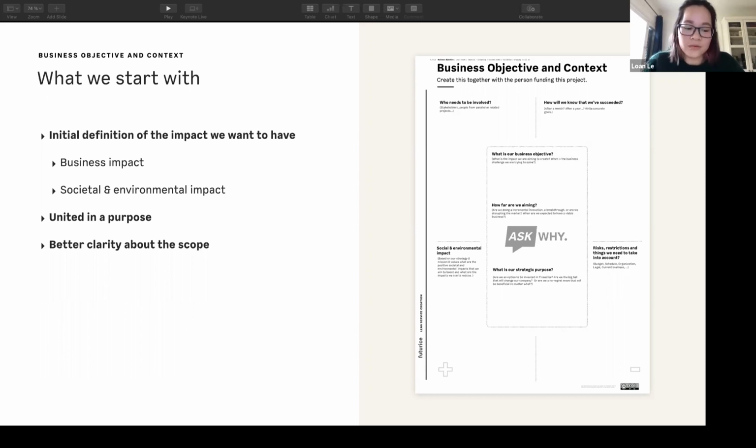This will help you focus on the right goals when making decisions later on. Then define your purpose. Remember, you are not just building an app or a service. You want to achieve something bigger. And then it's also good to clarify the scope of your project at this stage.